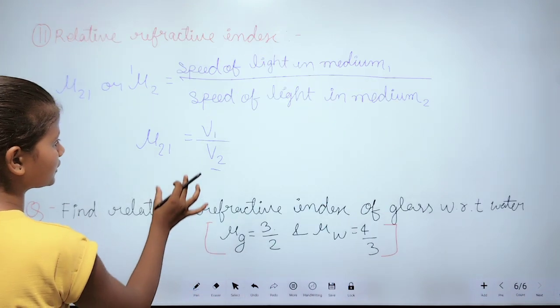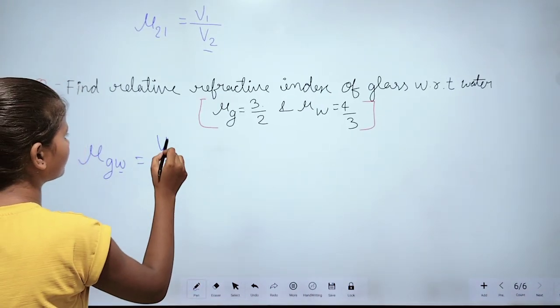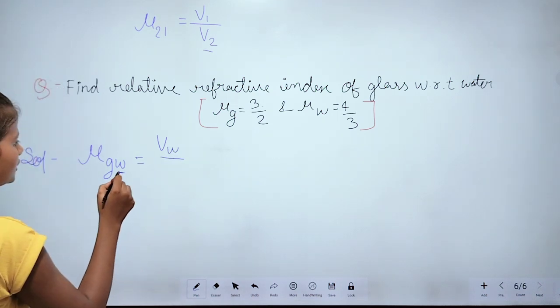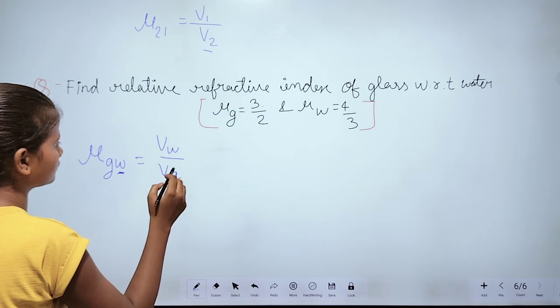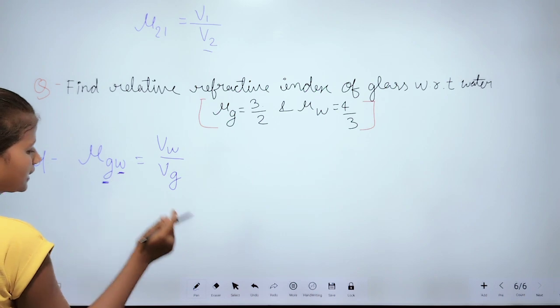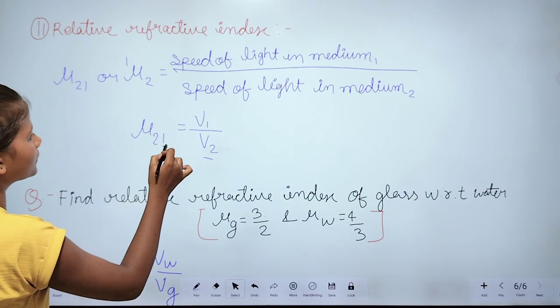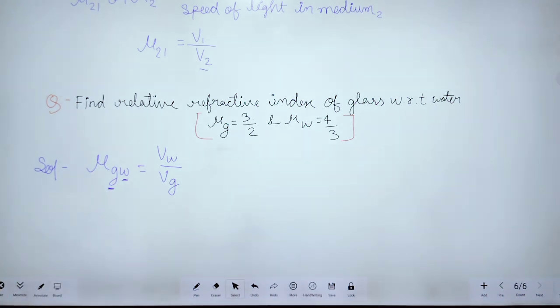So here we write VW, this one is our medium first, and V of glass is our medium second.